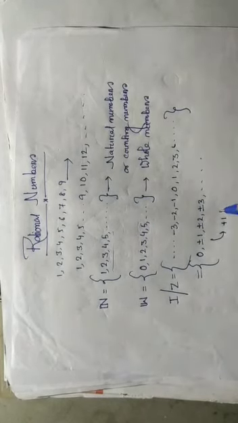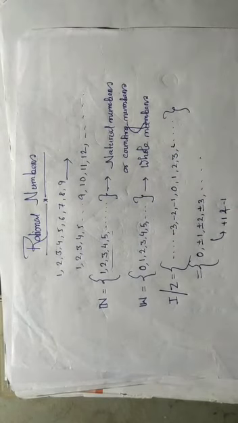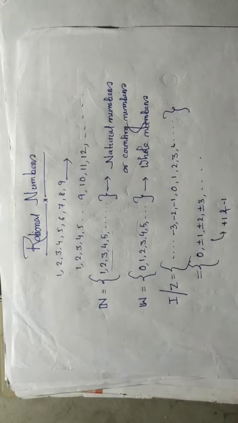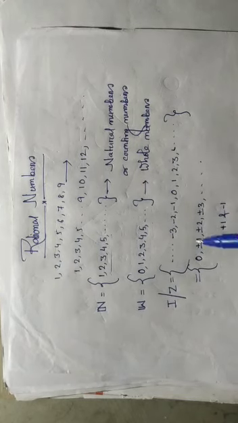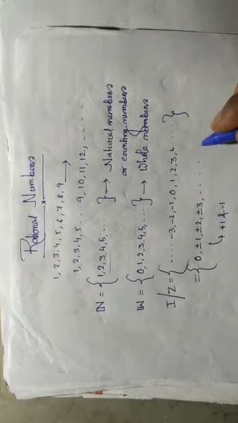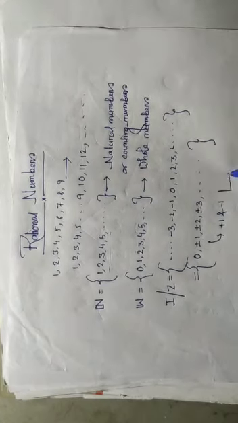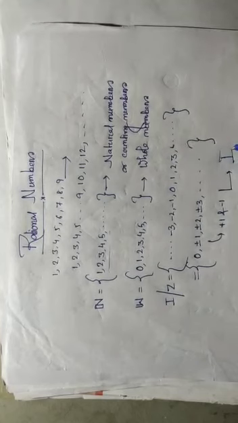Plus minus 1 means plus 1 and minus 1. Similarly for plus minus 2, plus 2 and minus 2. So plus 1 and minus 1 both belong to the set. So it is called the set of integers.